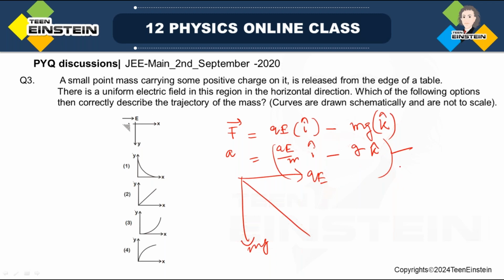Constant acceleration means the motion could be a straight line or a parabola. When there is an initial velocity, then it will be a parabola, but in this case it started from rest.